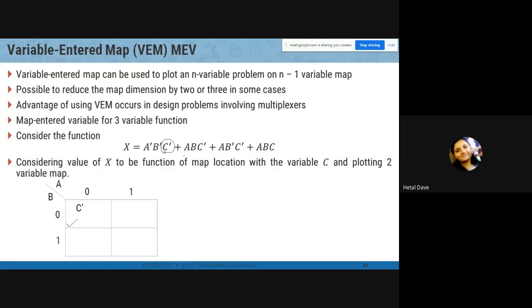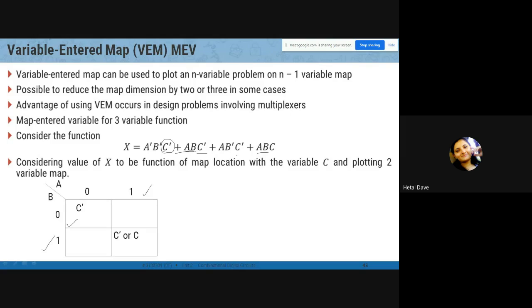Now look at the second term, A B. So A and B, they are talking about this cell. Now why this C or C bar? Here you can check A and B: where C value is normal C, and here A B is given in complemented term. So here it is C or C bar, because they are repeating 2 times.